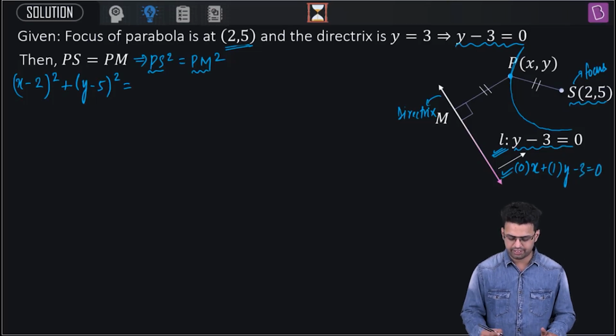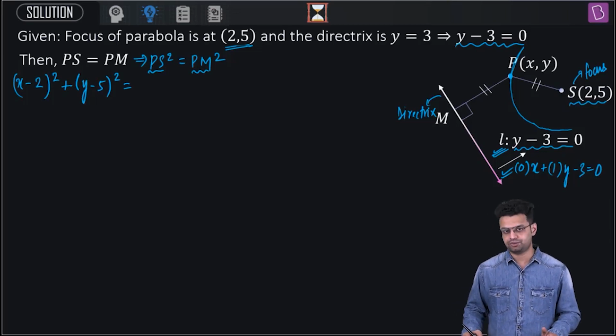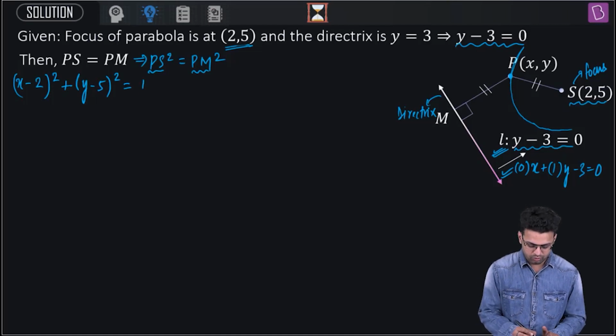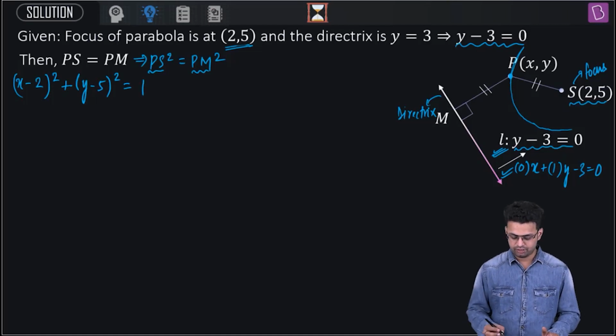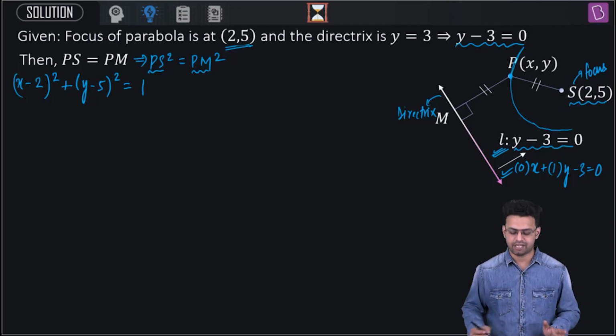Now it is pretty clear that a is 0, b is 1 and c is -3. Correct? So PM is nothing but mod of ax1. So a is 0, the point x1 is itself x, so 0 into x vanishes.